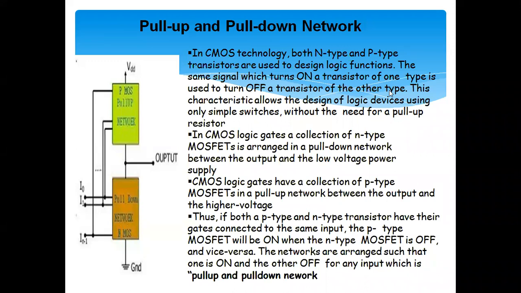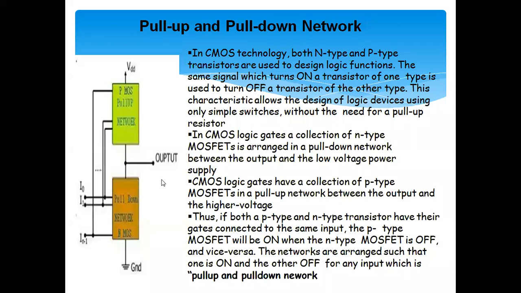That means PMOS is short circuited, NMOS is open circuited. So this PMOS is connected to the plus VDD, that means positive supply, it will pass this positive supply towards the output, and that's why this is called a pull up network.